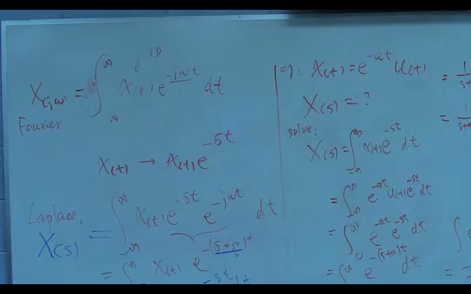If this one is less than 0, that means the exponent is positive, for example, 5t. When t equals infinity, what is this? This equals infinity, right? Infinity means it diverges, not converge. So we cannot do that. This one does not exist. We don't care. We only care about real things in engineering. So that's why it equals this for this one, maybe even greater than or equal to 0.